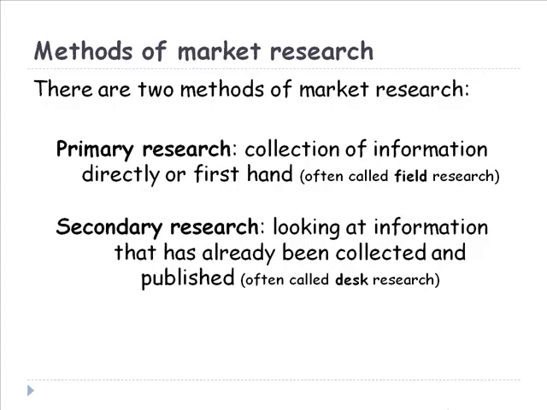For example, if you want to find out the weather, primary research would be to go out in the field and actually put a balloon up in the sky to find out what the weather is going to be tomorrow. For secondary research, you might go on the internet and look at information that's already been published on the BBC website or on the Met Office website. So primary research is when you go out and collect the research, and secondary research is when you look at someone else's research and base an opinion on that.